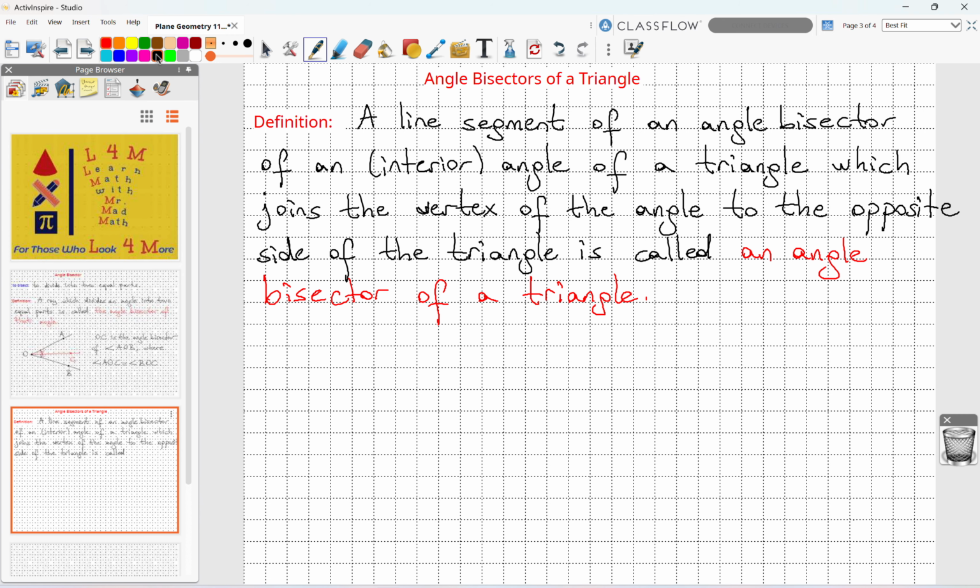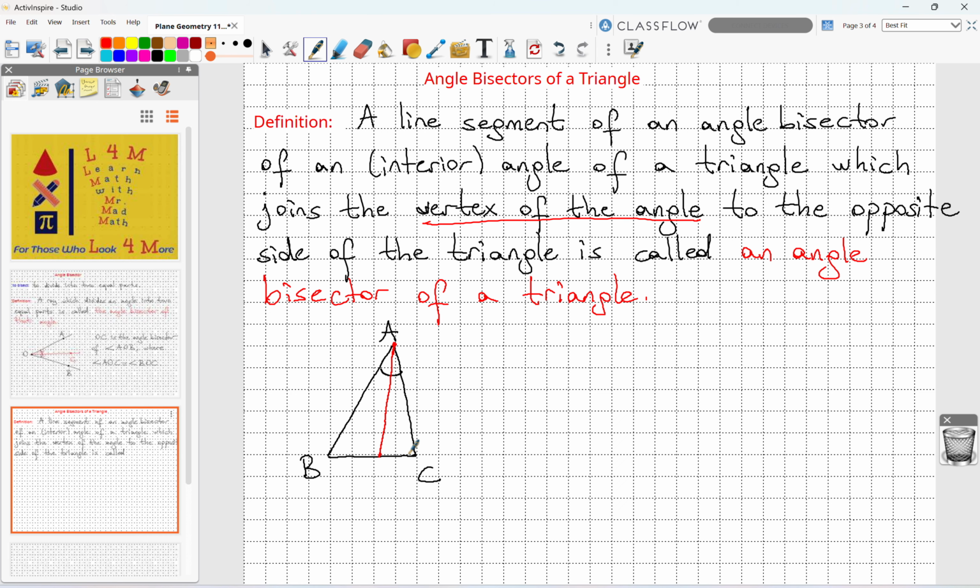Let's demonstrate it quickly on a triangle. Let's say that this is triangle ABC. We think about the angle A, vertex A. The line segment of the bisector which joins the vertex of the angle, which is also the vertex of the triangle, to the opposite side.